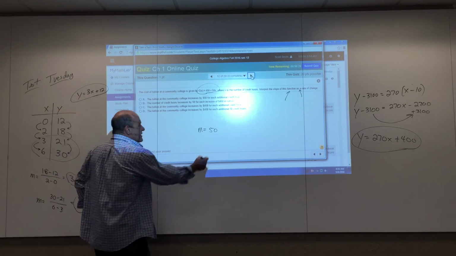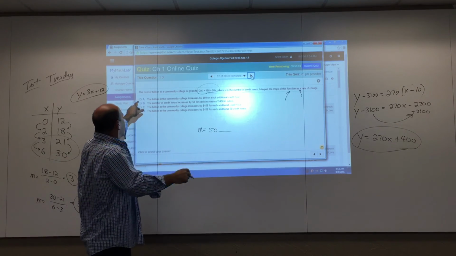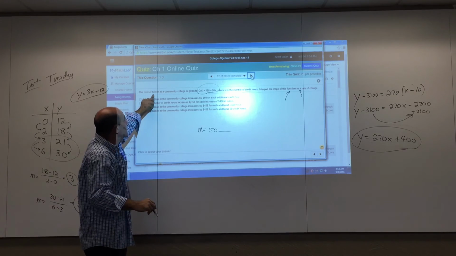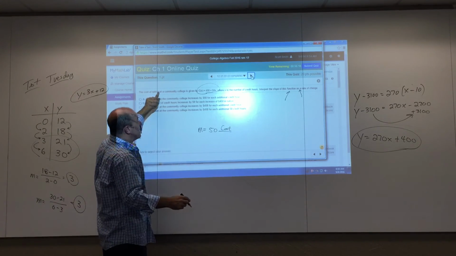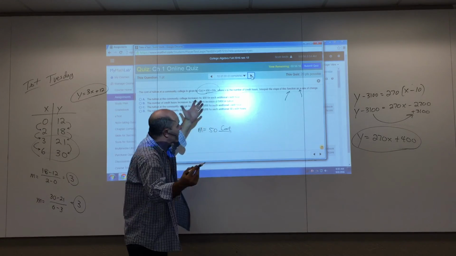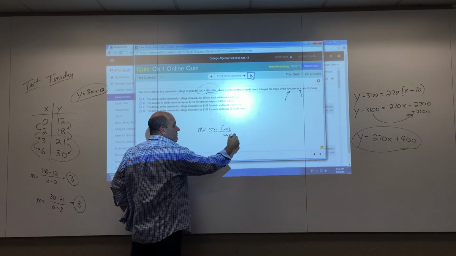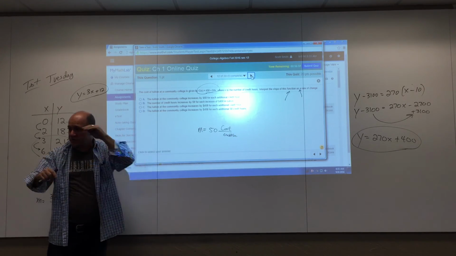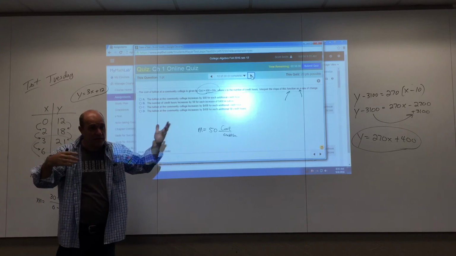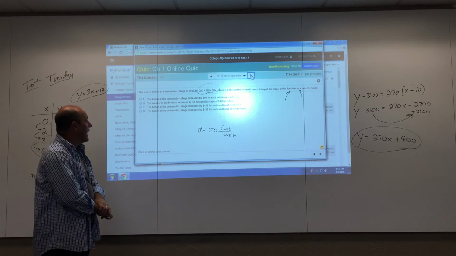And what are the units? So it'd be 50, you know, what are the units? If I read the problem, the y values are the cost of tuition, and the x values are the number of credit hours. Are you guys following me? This is good practice. You think about these slopes, you think about y over x, and you put some units on there, and it helps you realize what it means.